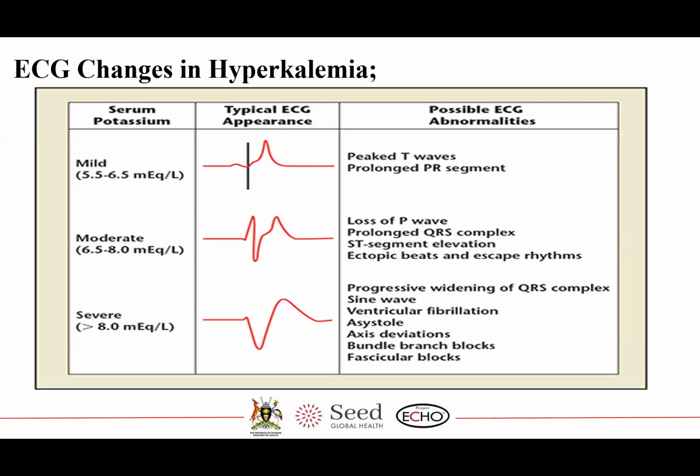You will see ST segment elevation, as is well stipulated in the picture here. So in cases of severe hyperkalemia, that is when you're going to get into these severe deadly heart rhythms, ventricular fibrillation. And if you still don't do anything to resuscitate your patient, you'll get an asystole and you're already in a cardiac arrest, where things have gone beyond bad.